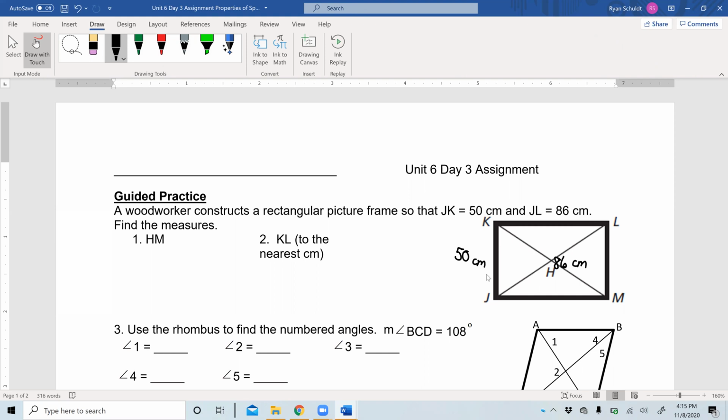Find the measures. So first, they asked me to find HM. Okay, well, I know the diagonals have to be the same. So KM is 86. To get half of 86, we just divide by 2, and that gets us 43 centimeters.